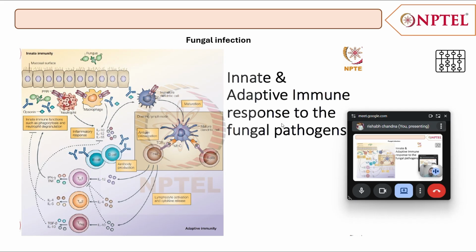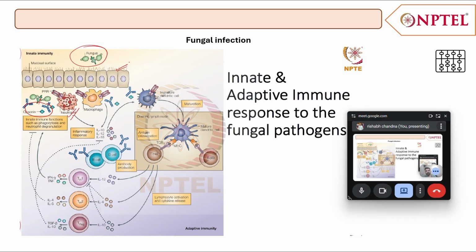Now moving on to how the innate and adaptive immune responses act against the fungal pathogens. Okay, so for innate immunity, as you can see, this is the mucosal surface and this is the fungal pathogen. Now the PRRs get activated and the complement system. So these will opsonize these fungal pathogens so that they can be engulfed by the macrophages or the different APCs, antigen presenting cells.